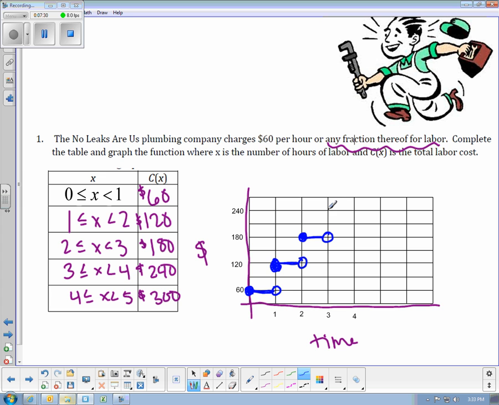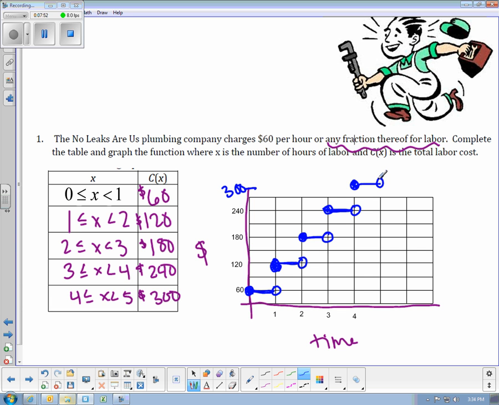Jump a step again from 3 hours all the way up to 4. It's going to be 240, and then jump one more step. We actually need one more line up here for the 300. For 300, I'd have the 4th hour all the way up to the 5th. So that's my step function for this No Leaks R Us Plumbing Company.